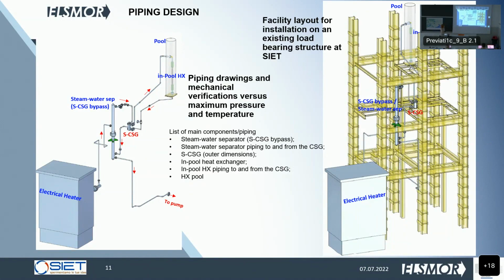So at SIET, we have a big structure that contains other facilities. Now you see it empty, but tomorrow when you will be at SIET, you will see a little different situation. Anyway, this is the structure where this facility is going to be placed.